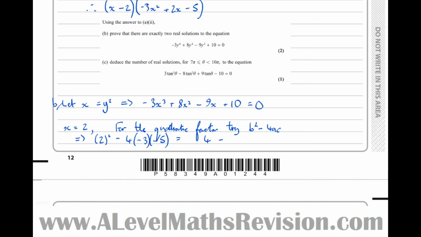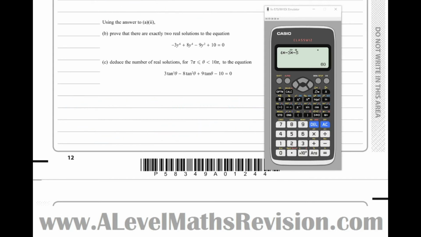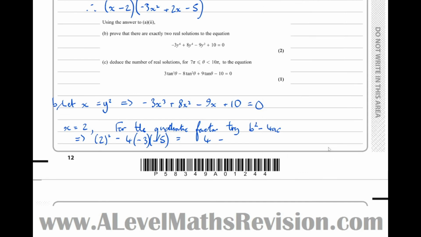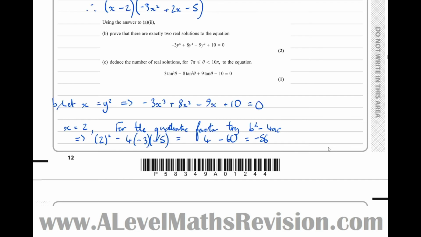minus, and let's leave nothing to chance, let's do this on a calculator, 4 times minus 3 times minus 5. I should be able to do that in my head, but when you're under pressure in an exam, what you shouldn't do is put extra pressure on yourself by trying to do things in your head. So equal to 60, so 4 minus 60 equals minus 56, which is less than 0, therefore no real roots to that quadratic part.